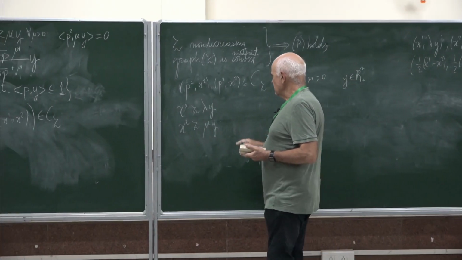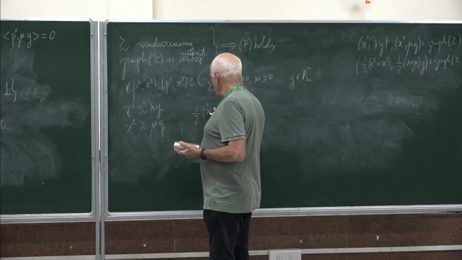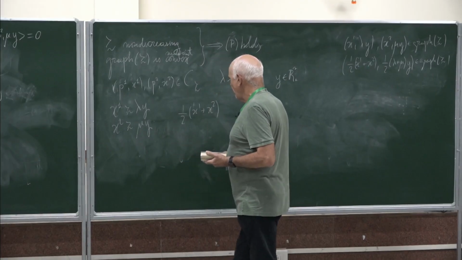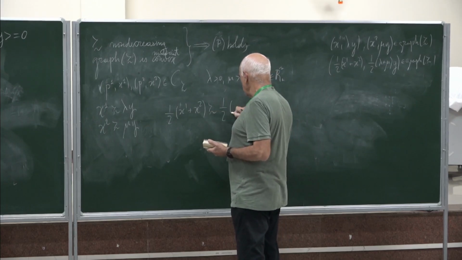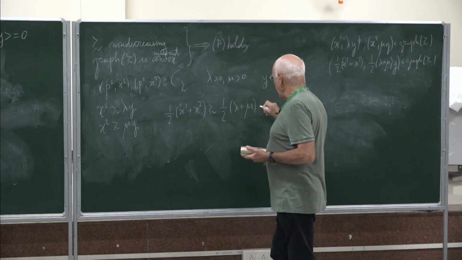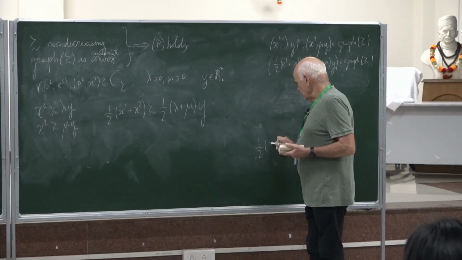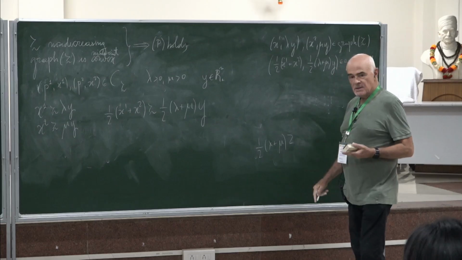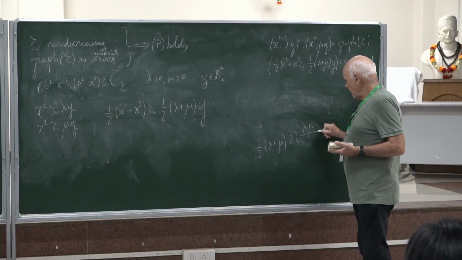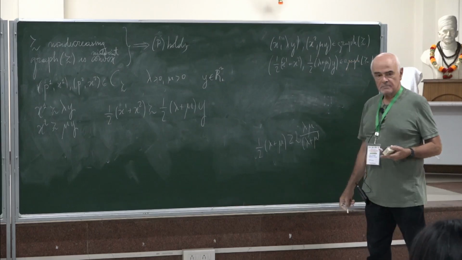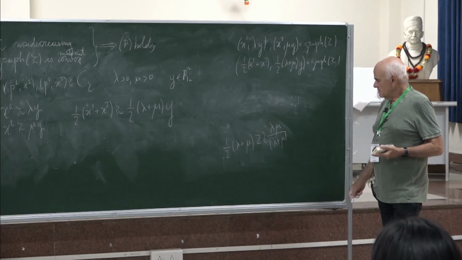So this means that these conditions imply that 1/2 (x1 plus x2) is preferred to 1/2 (lambda plus mu) y, but 1/2 (lambda plus mu) is greater than or equal to twice lambda mu divided by lambda plus mu. Okay? As is easy to check.